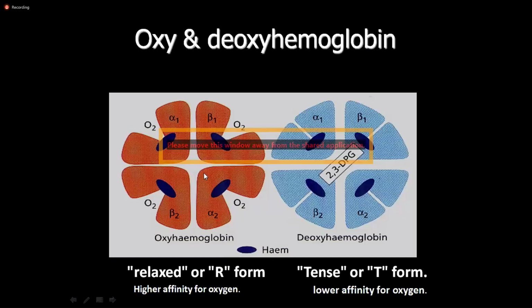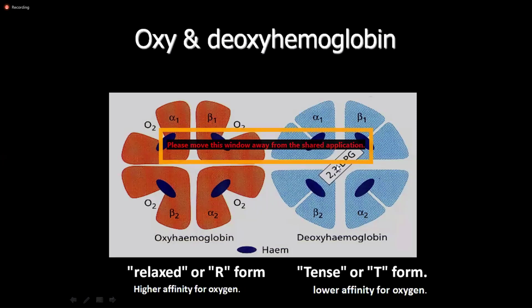This is the relaxed form, or R form, of the hemoglobin, where oxygen has been bound to the hemoglobin, where the affinity towards oxygen has been increased temporarily. And when it moves to the tissue, you see there is no 2,3-BPG, but when it moves to the tissue, what happens?